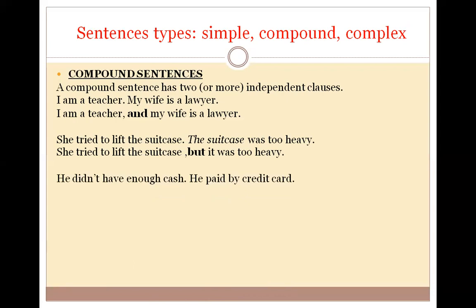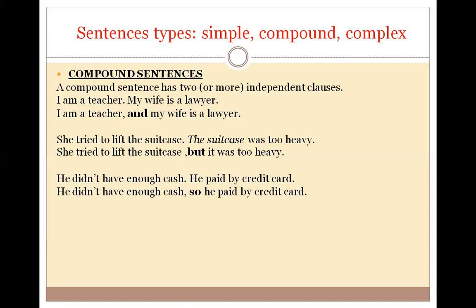He didn't have enough cash. He paid by credit card. He didn't have enough cash, comma, so he paid by credit card. So all these three sentences have two independent clauses, which with the help of a coordinating conjunction we made into a compound, single sentence.